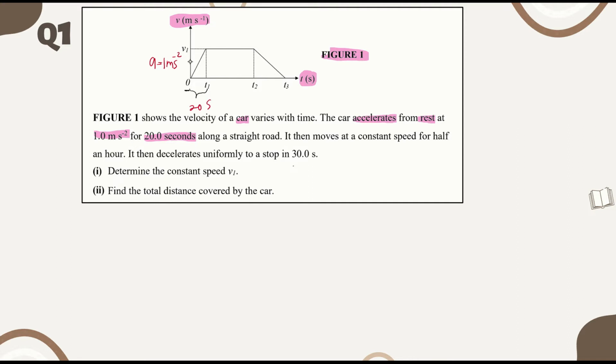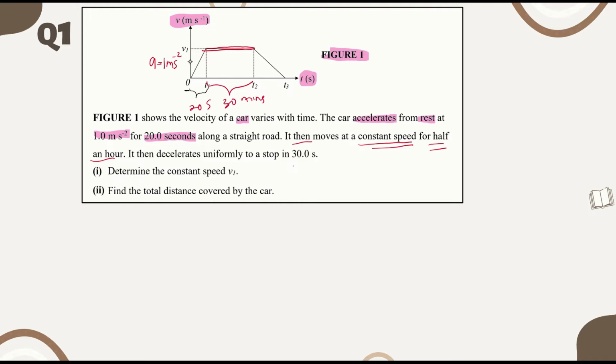After that, it then moves at a constant speed for half an hour. So this is the next motion, constant speed. Half an hour is 30 minutes, from T1 to T2.